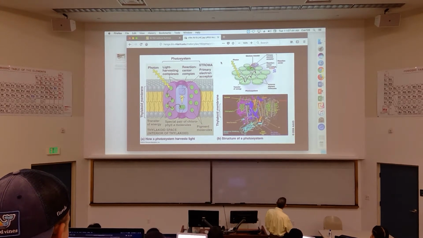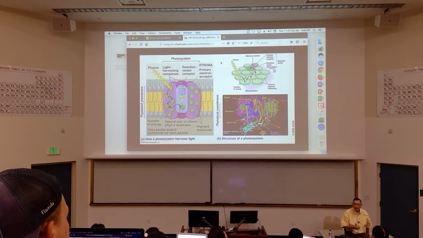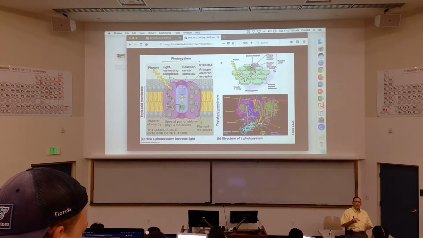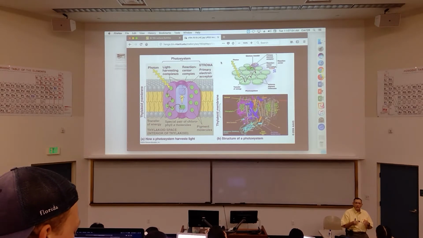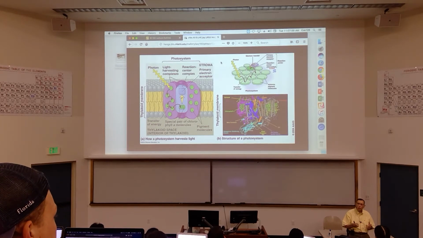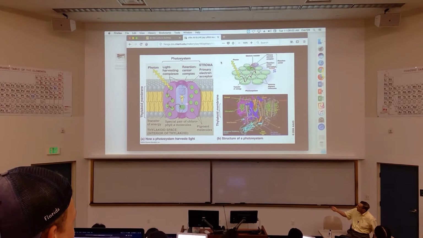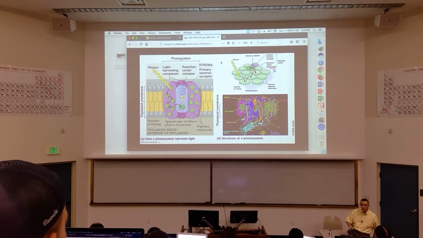Now, the reason I want you to see this particular diagram is something I said the other day in class. The concept of photosynthesis is a cellular-based process. In essence, what we're going to do is ionize water. After we oxidize these chlorophyll molecules and they give up their electrons, they need to be re-reduced.